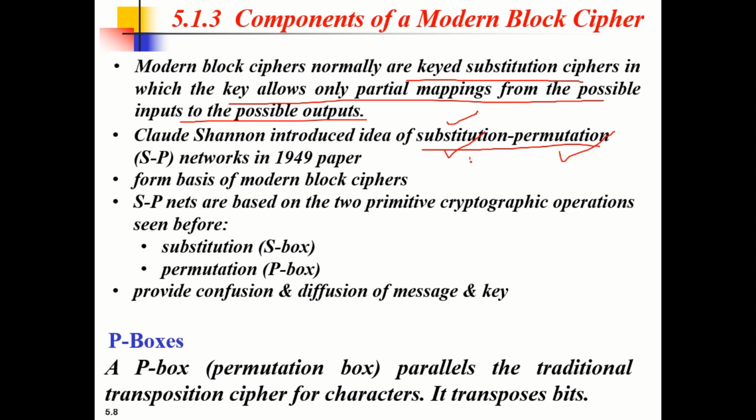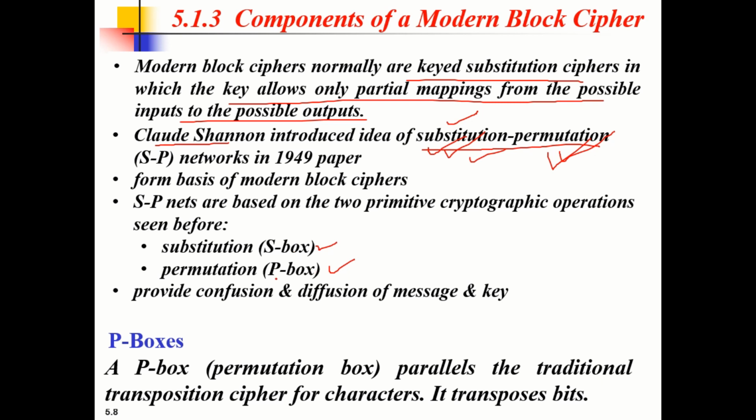Okay, so substitution and permutation, these two ideas we will be using, and these ideas were proposed by Claude Shannon. Okay, and we call these ideas of substitution and permutation the S-box and P-box.